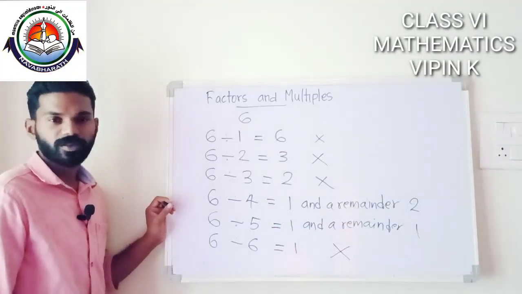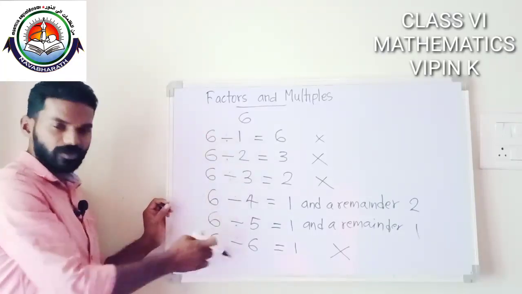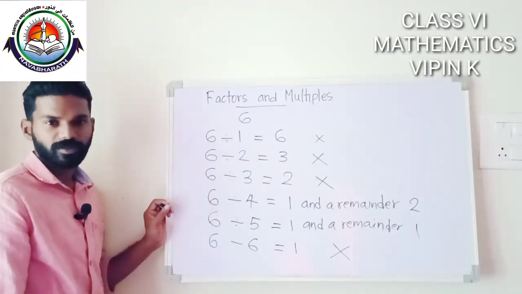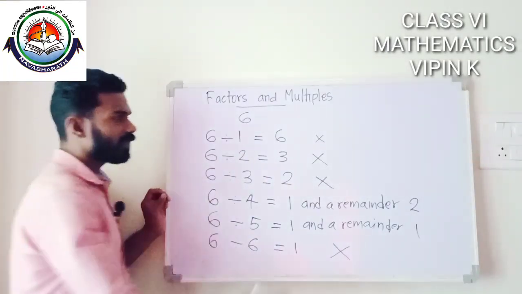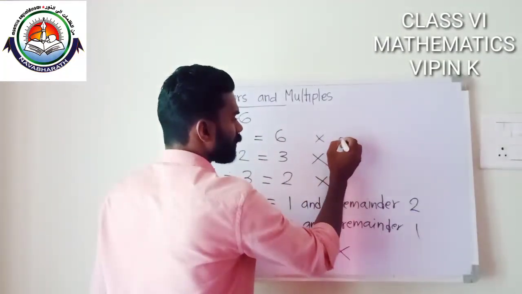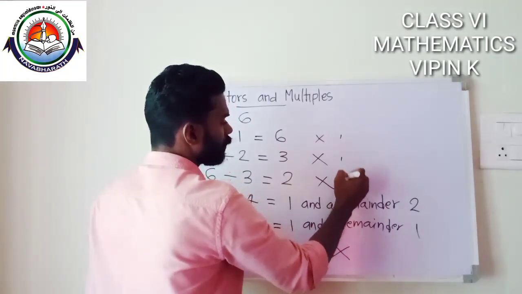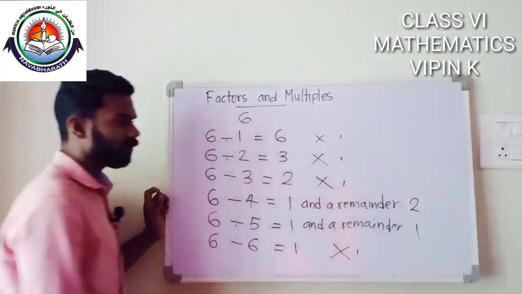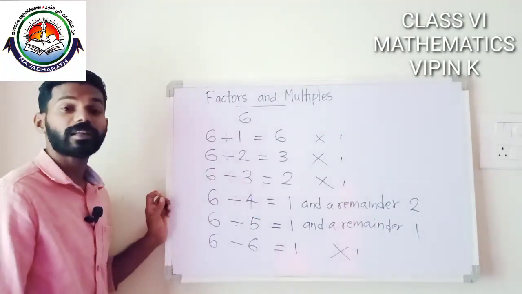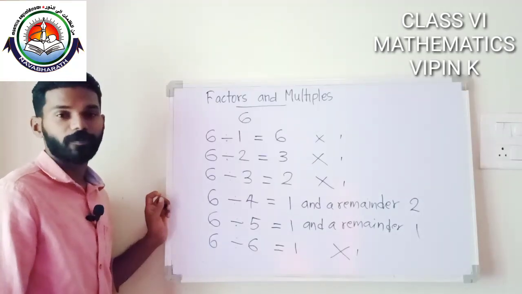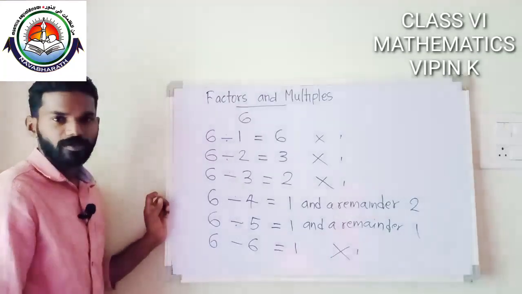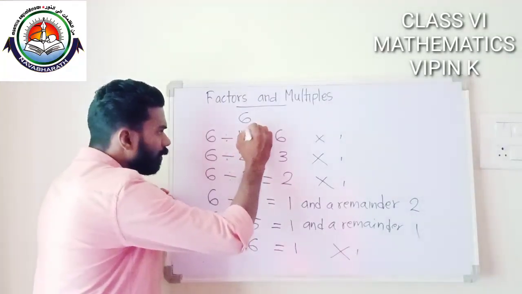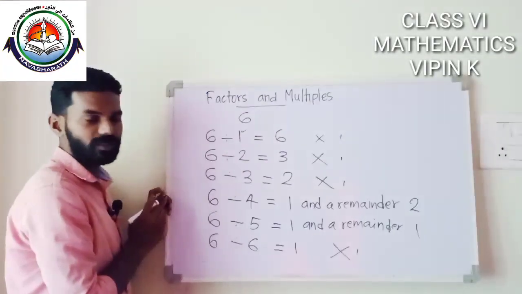So, in all these divisions, there are certain special cases in which the remainders are 0. 1, 2, 3, 4. In all these 4 cases, the remainders are 0. And when the remainders are 0, we can say that all these divisors, which divisors?